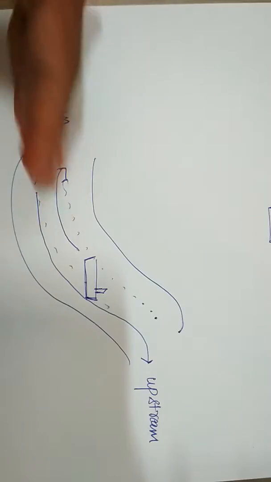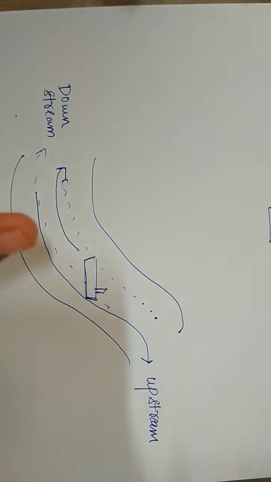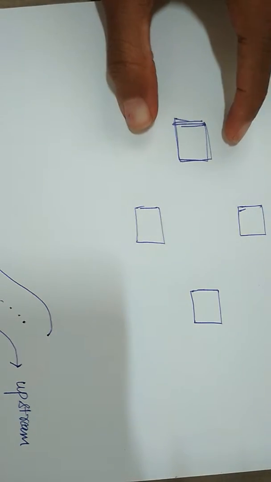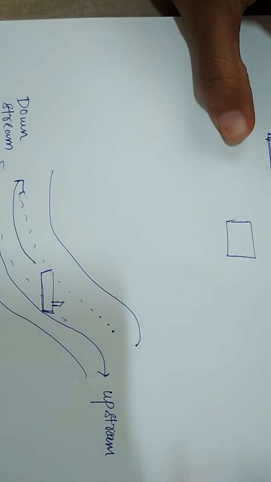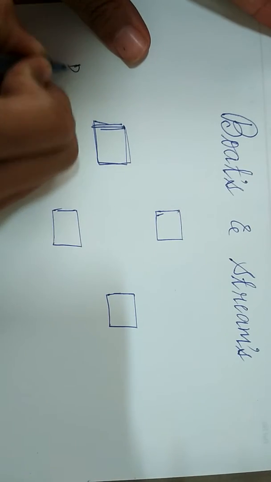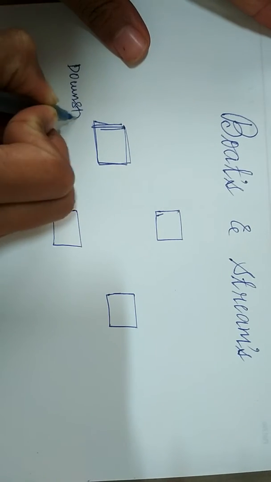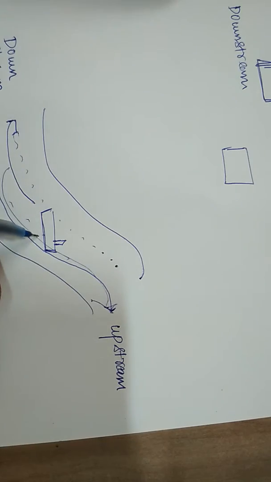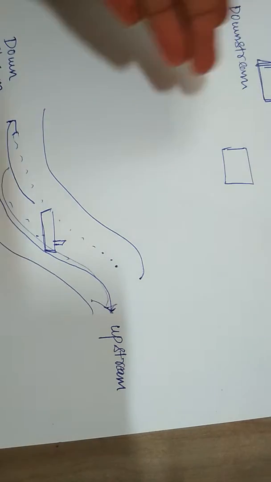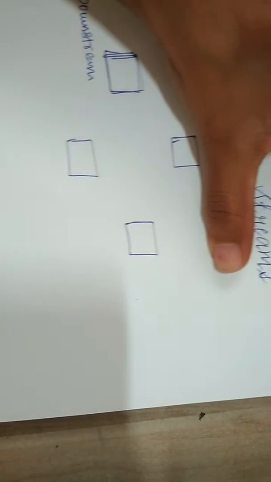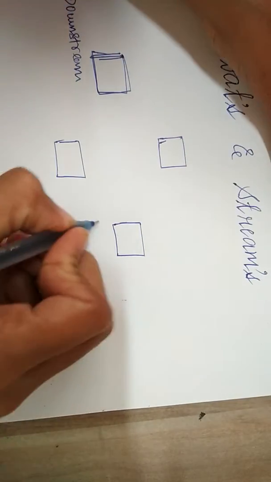When a boat goes downwards, it is called downstream, and hence the left box is downstream. And the right part is upstream, because the boat is going in the opposite direction of what the river is flowing.